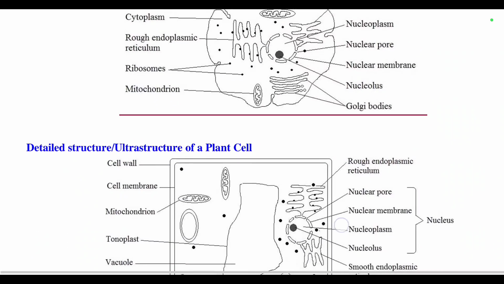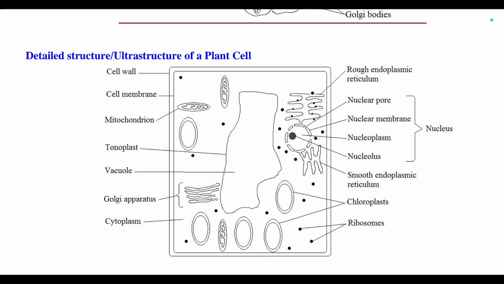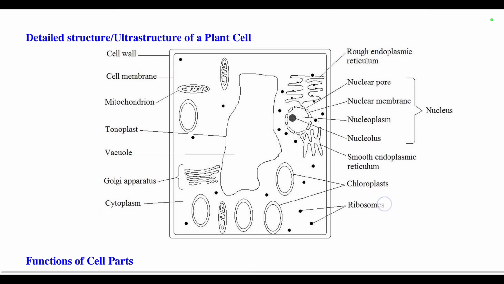Same as on the plant cell, here is the same thing. The difference is that the shape is regular. It has cell wall, the cell wall, vacuole here, then even chloroplast.